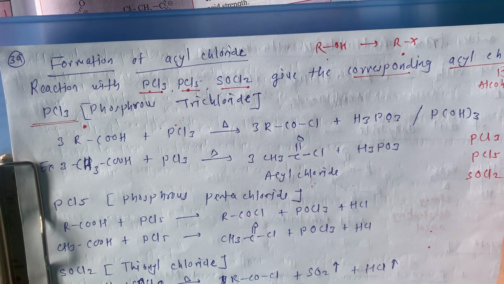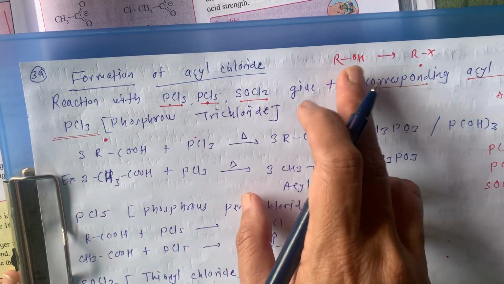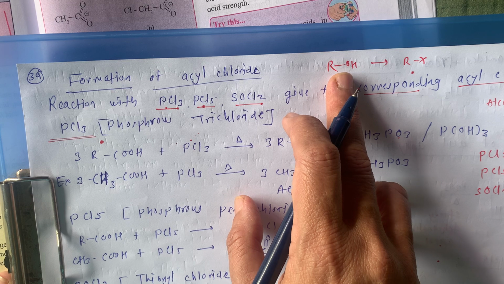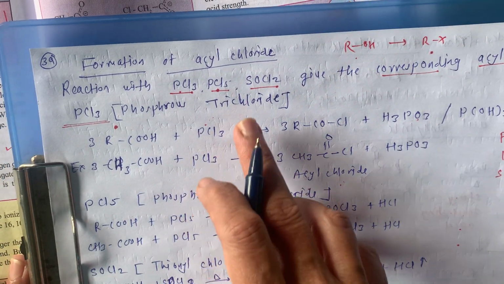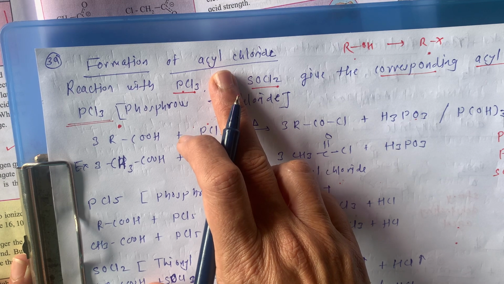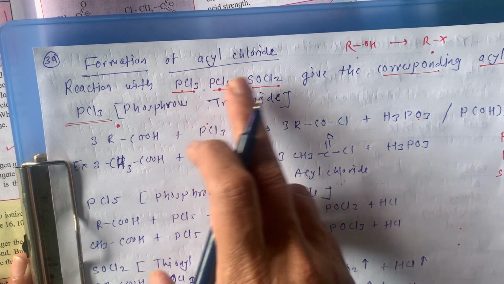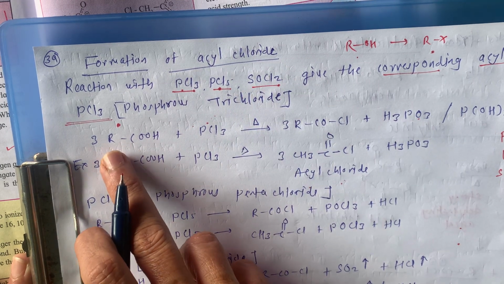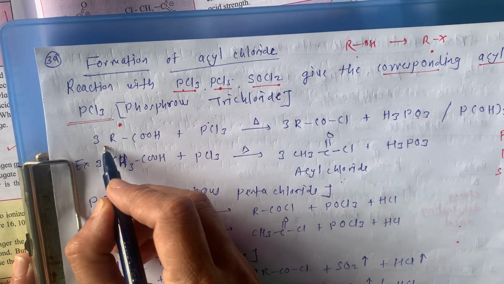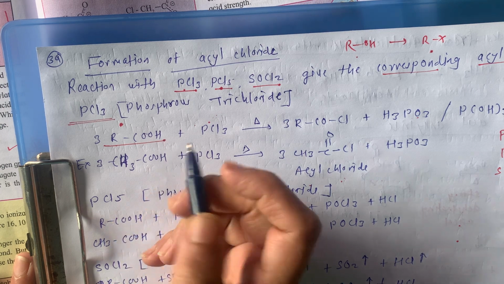Now we studied such type of reaction in the preparation of alkyl halide. Now we are going to study the formation of acyl chloride when such reagents, PCl3, PCl5, SOCl2, react with carboxylic acid.